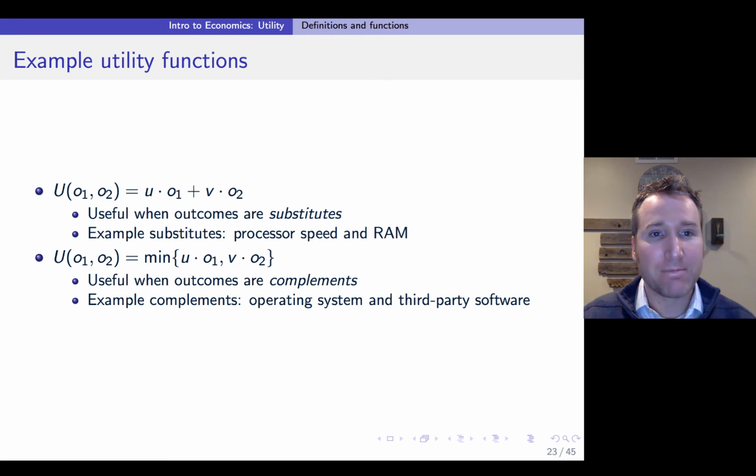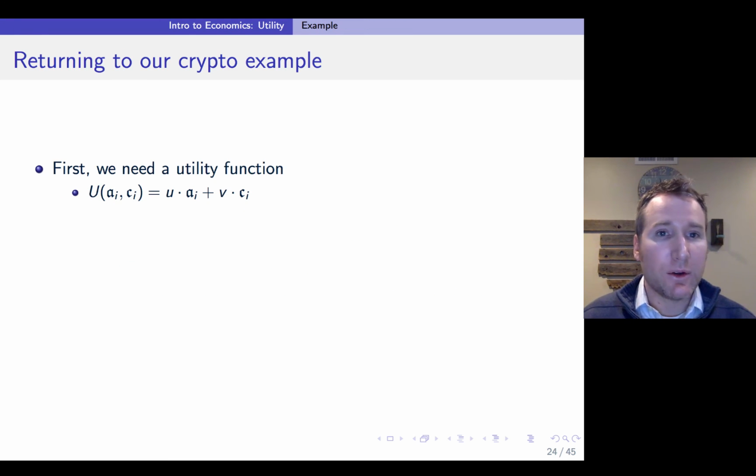So going back to our crypto example, we can take the preferences we talked about, where we're trading off between availability and confidentiality, and map them to a utility function like this. So utility of AI and CI is maybe going to be a constant U times AI plus the constant V times CI.